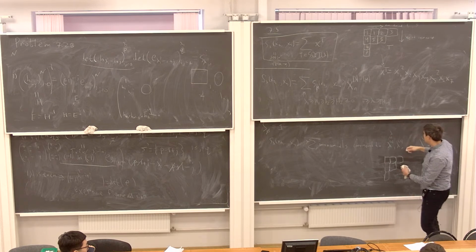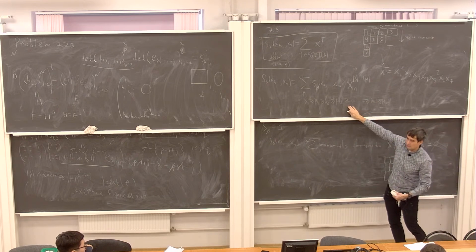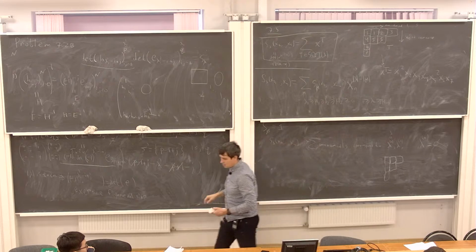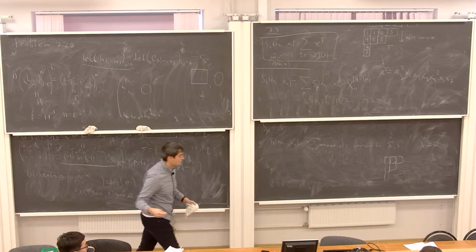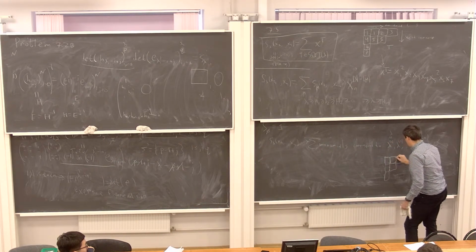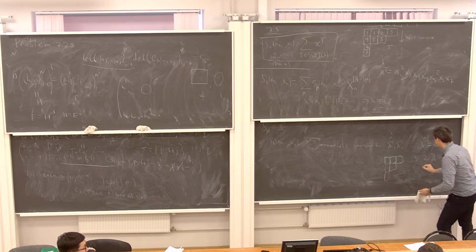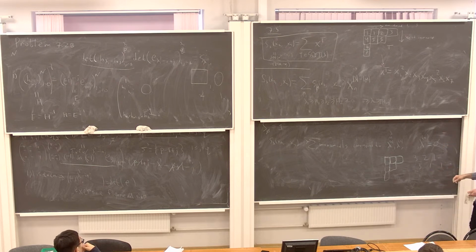You first of all consider some sub-diagram of this Young diagram. Let's say you have 3, 2, 1. You could consider something in between, 3, 1, 1, for example, right?